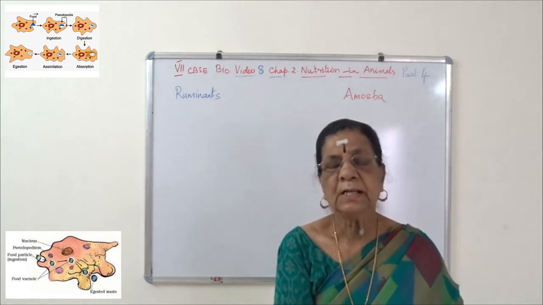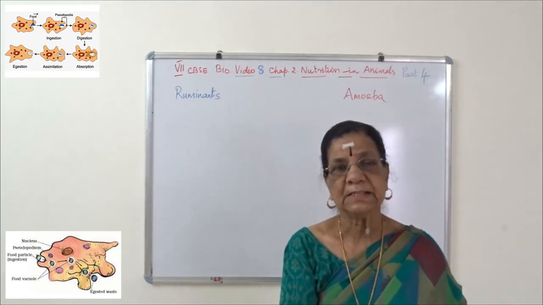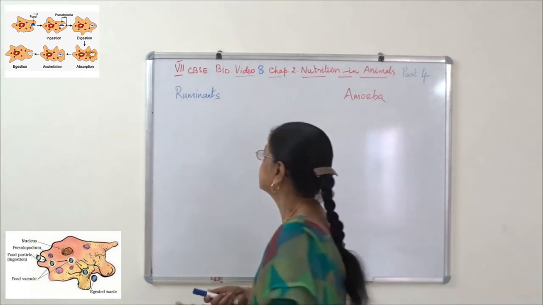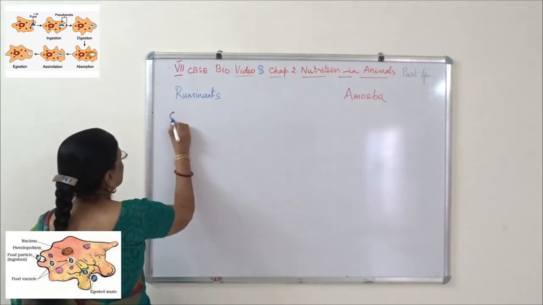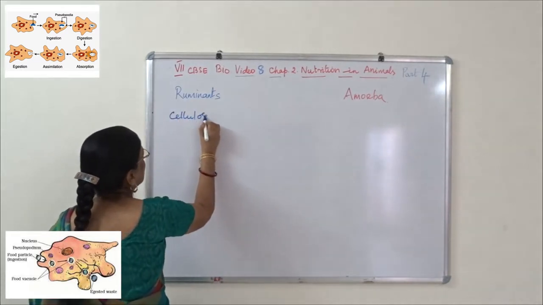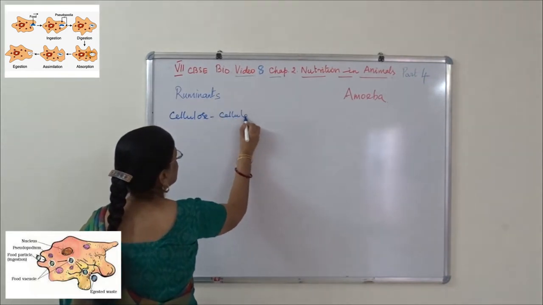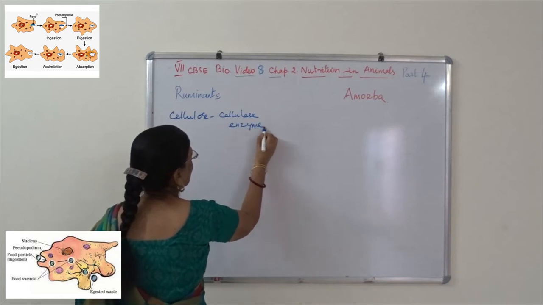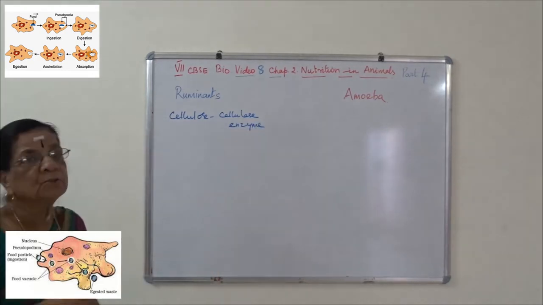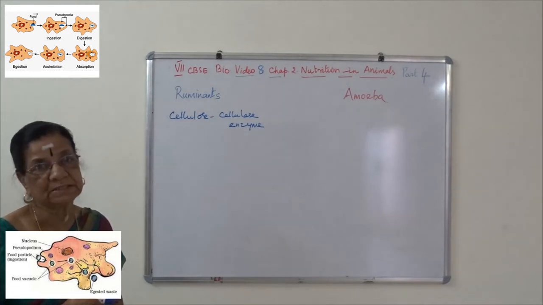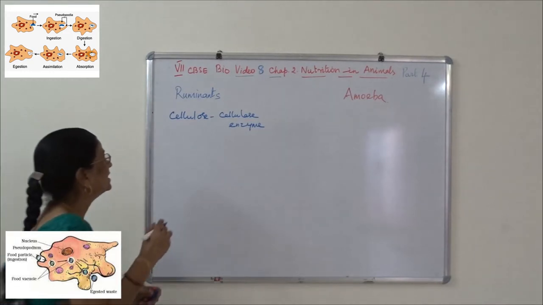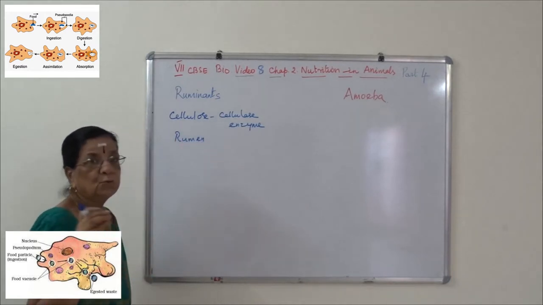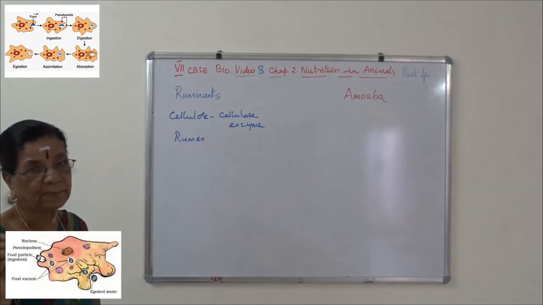In human also cellulose is not easily digestible because it needs an enzyme cellulase, and that enzyme in human it is absent, whereas in ruminant animals it is present.